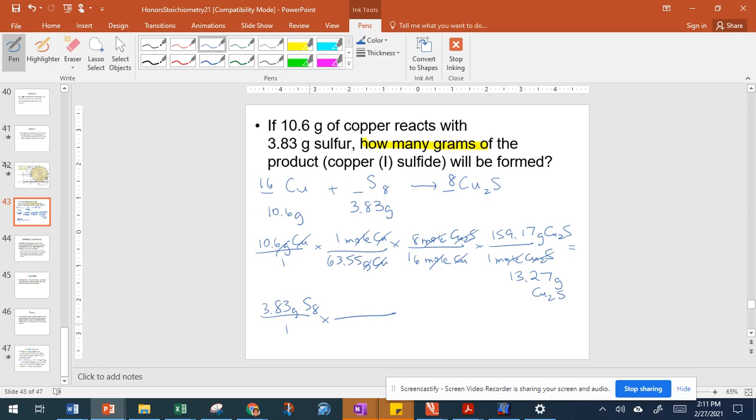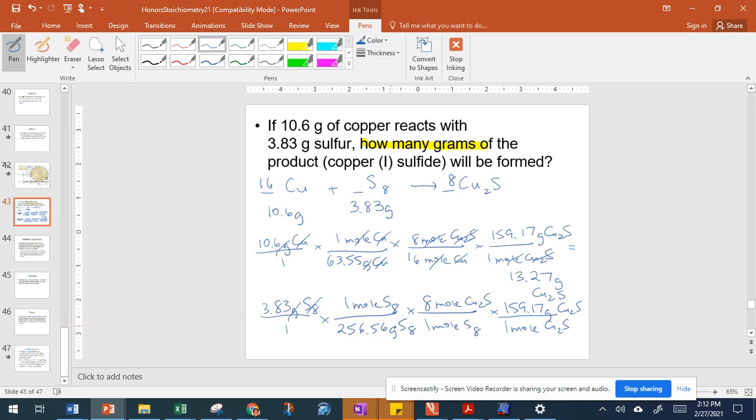We're going to do the same thing with our sulfur. 32.07 times 8 gives us 256.56 grams of S8, 1 mole of S8, and then we do our mole ratio: 1 mole of S8, 8 moles of Cu2S. Then this last conversion factor looks identical: 1 mole of Cu2S, 159.17 grams of Cu2S.